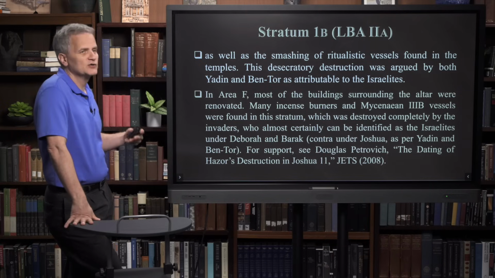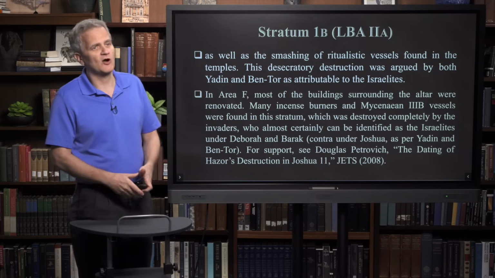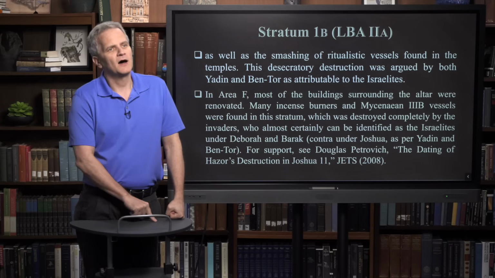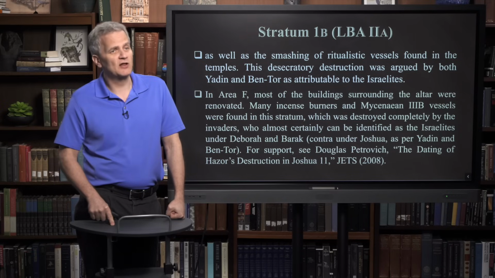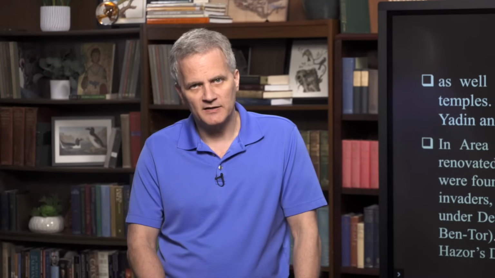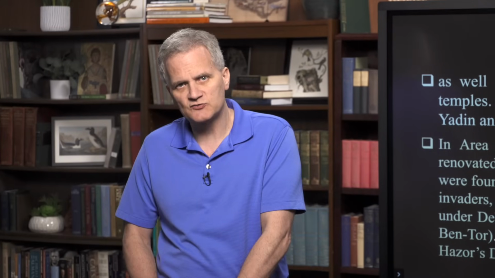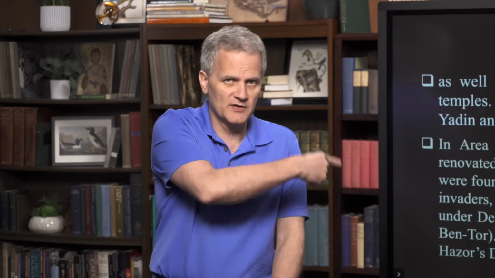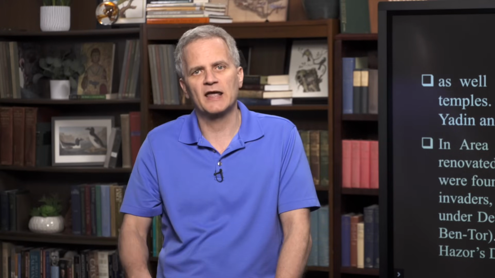For support, you can see my 2008 peer-reviewed journal article in the Journal of the Evangelical Theological Society. There, I argue vehemently that the Late Bronze Age 1 destruction is Joshua's, and the Late Bronze Age 2B destruction, this one, is under Deborah and Barak.